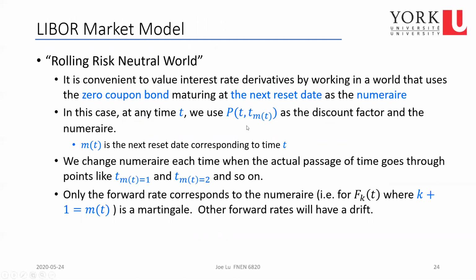Okay, let's move on to another concept which relies on this M(t) here that we need to understand. It's called the rolling risk-neutral world. By rolling, we mean that we change the numeraire asset from time to time, so we have to adjust the drift.